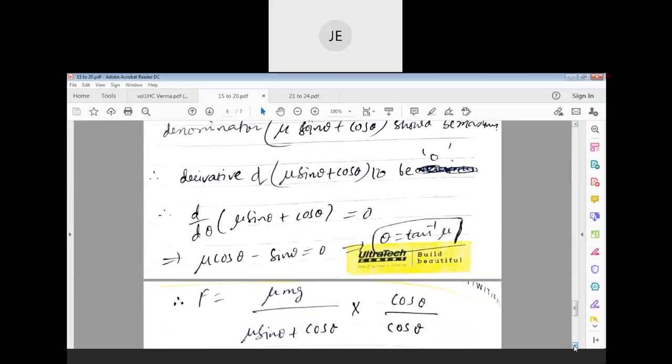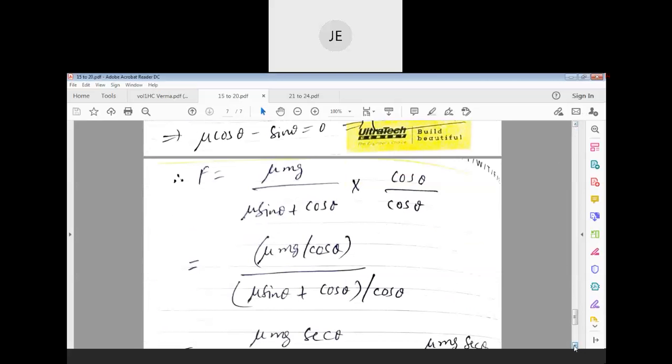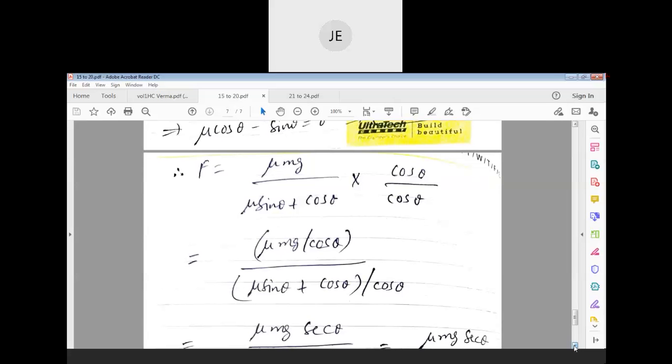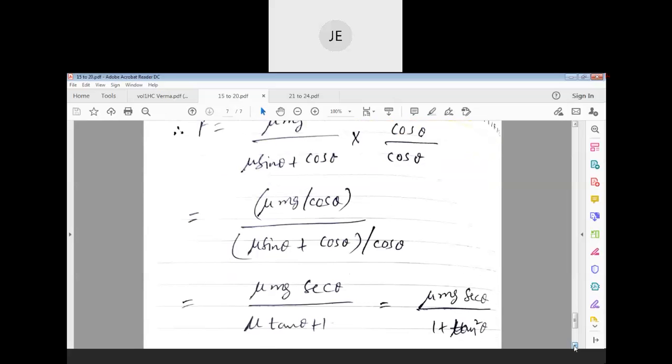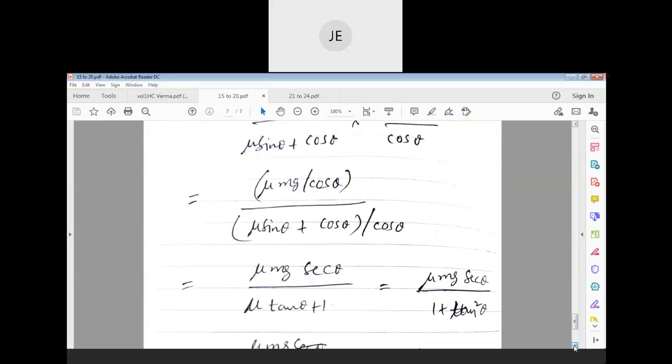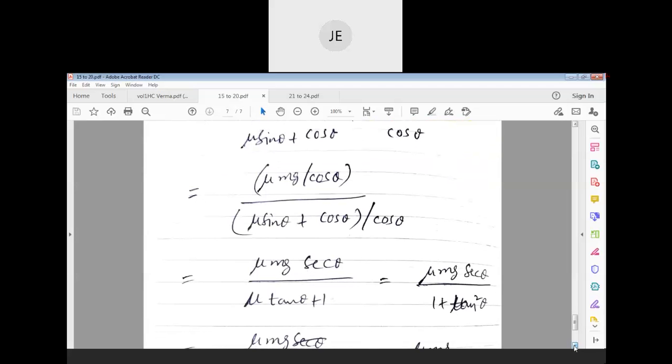But with further simplification, since the answer is not matching, if you divide by cos theta, mu mg by cos theta over (mu sin theta plus cos theta) by cos theta, which is equal to mu mg sec theta by (mu tan theta plus 1).